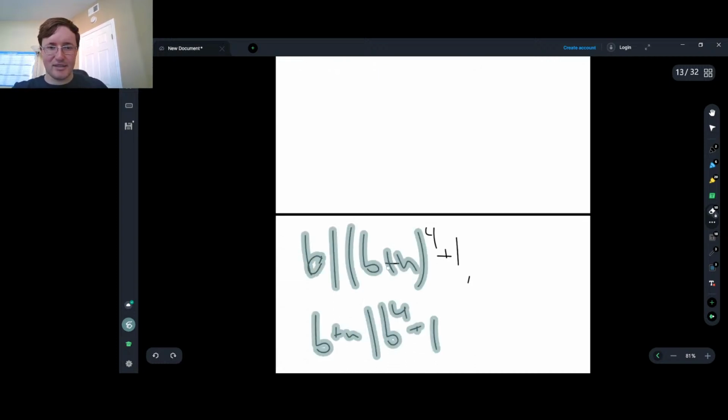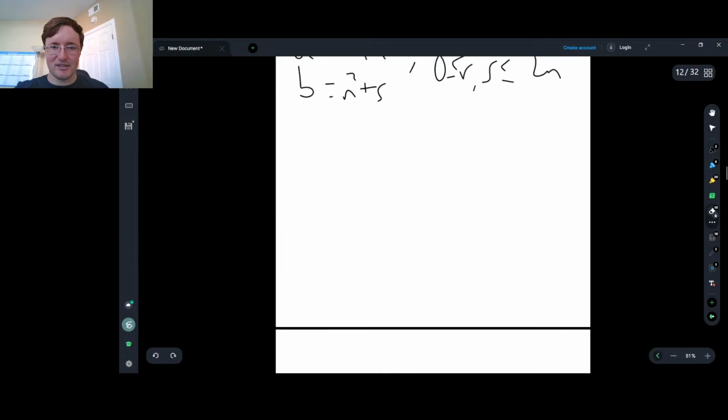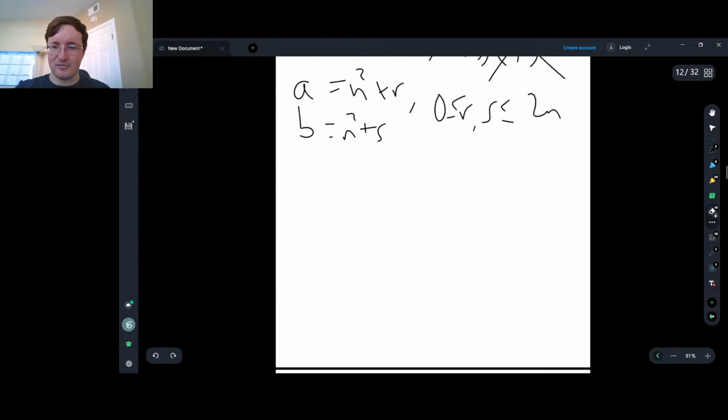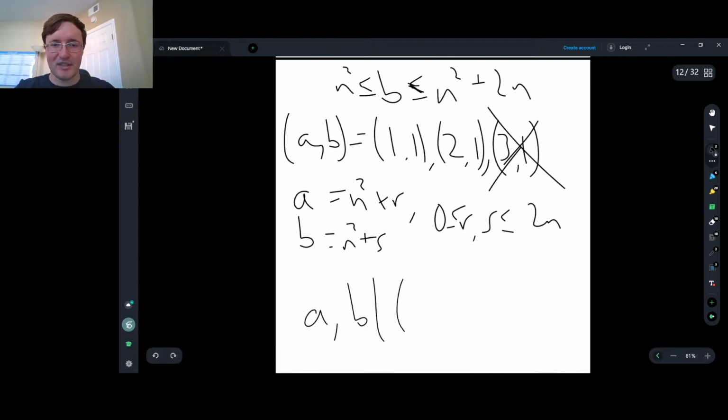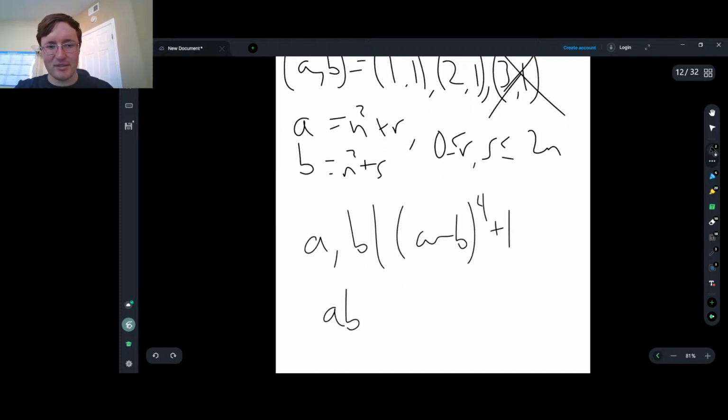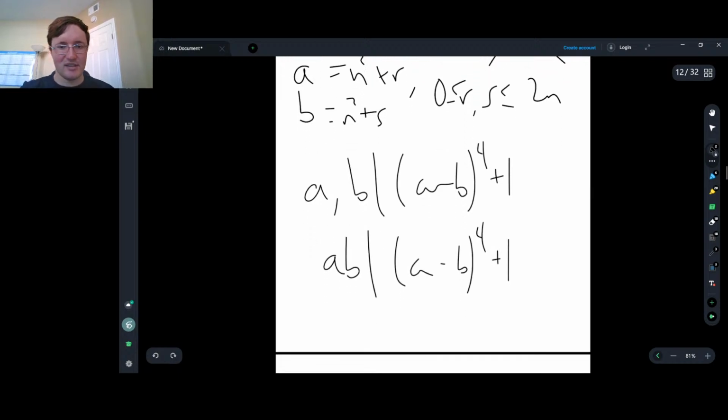Oh, I think I see. A and B both divide A minus B to the 4th plus 1. So they're relatively prime, so AB divides A minus B to the 4th plus 1.